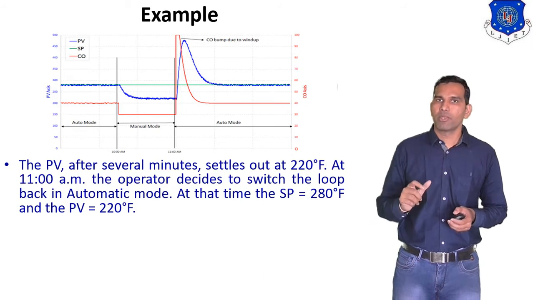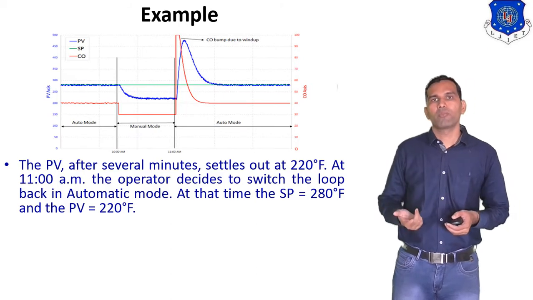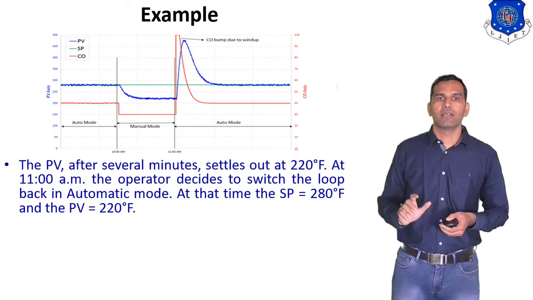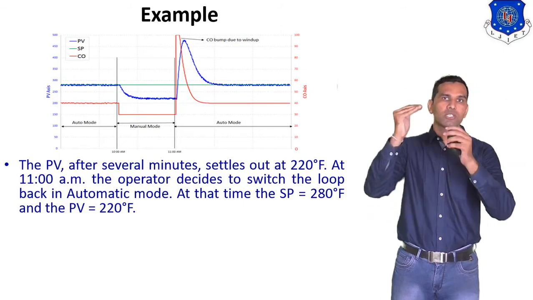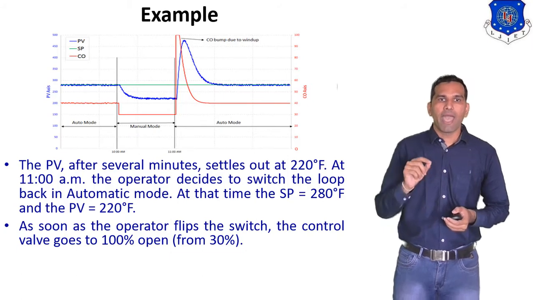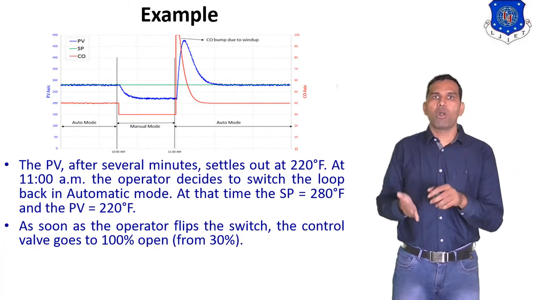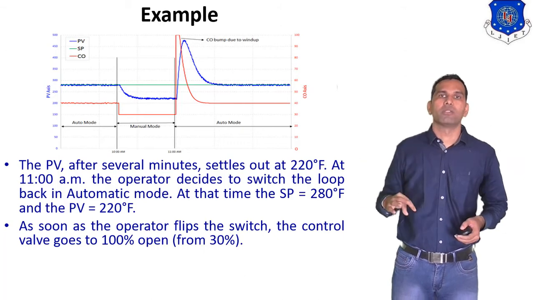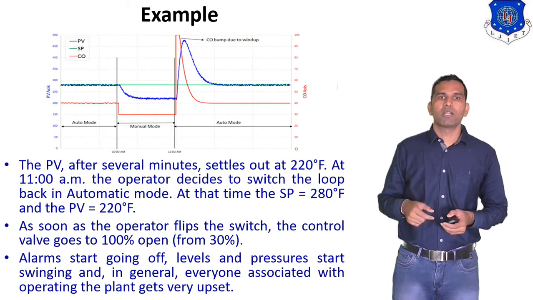At 11 AM the operator decides to switch the loop back to automatic mode. At that time, the set point is 280 Fahrenheit and the process variable is 220 Fahrenheit. So this is the big difference between SP and PV. As soon as the operator flips the switch from manual to automatic, the control valve goes to 100% open to reduce the deviation, from 30%.